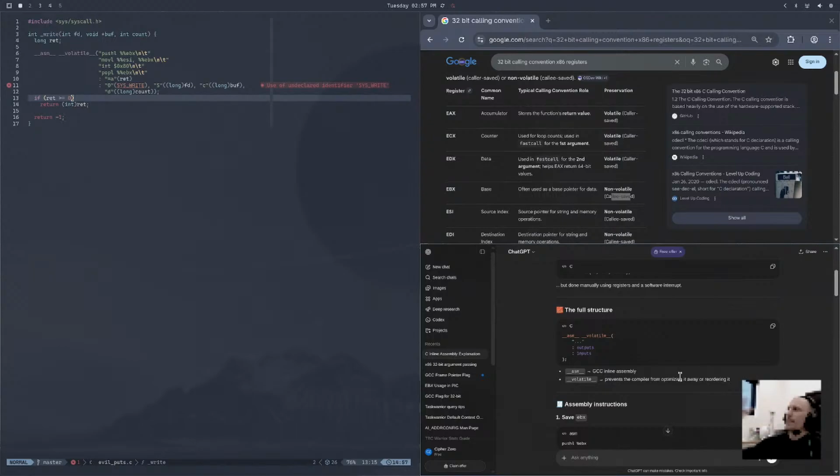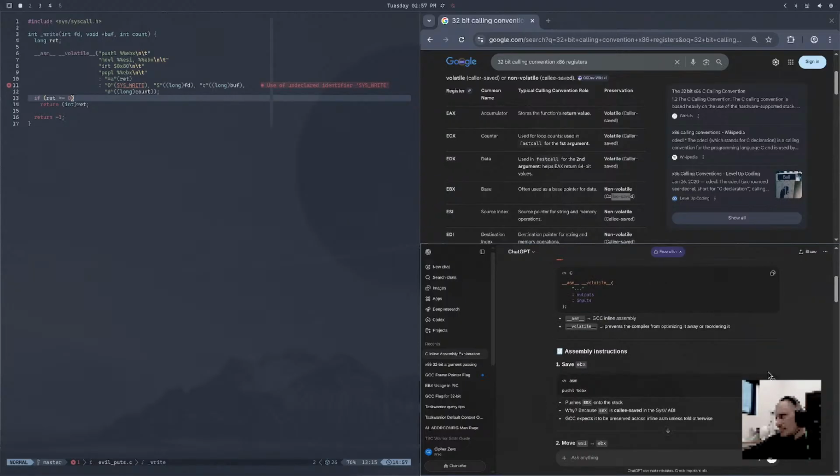Okay. All right, I'm starting to learn the syntax a little bit here. GCC inline assembly is asm. Volatile prevents the compiler from optimizing it away or reordering it.